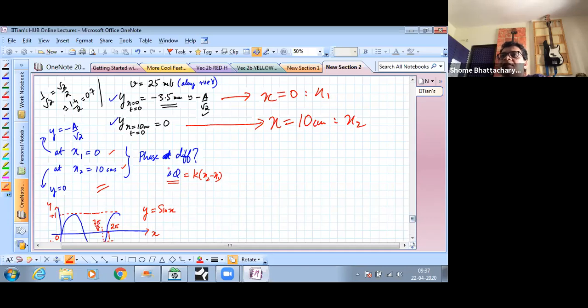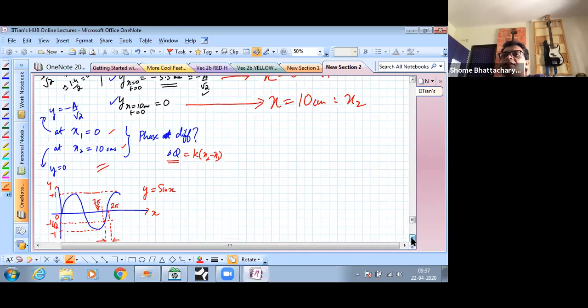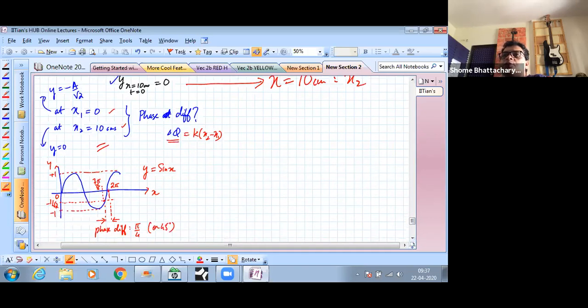So now to understand this phase difference, the value of this, of course it is k delta x, but its numerical value, how much is it? I'm looking at that graph. So in that graph, the points x1 and x2 compared to a standard sine graph, they are which 2 points? This point and this point. They are the points 315 degrees and 360 degrees, because at 315 it is minus 1 by root 2 and going to 0. It's also minus 1 by root 2 here, but from here it's not going to 0, it's going to minus 1. It has to go from that point next to 0.